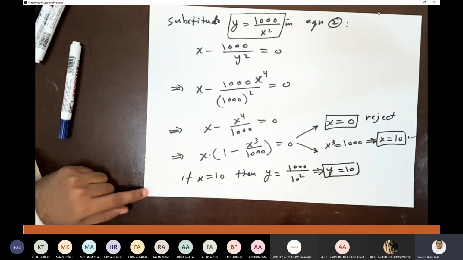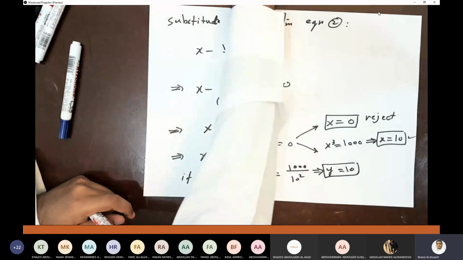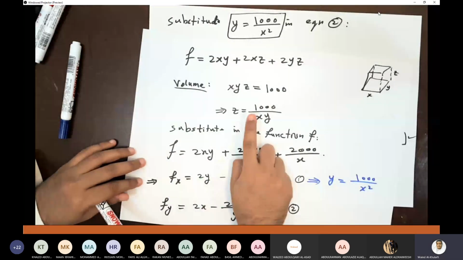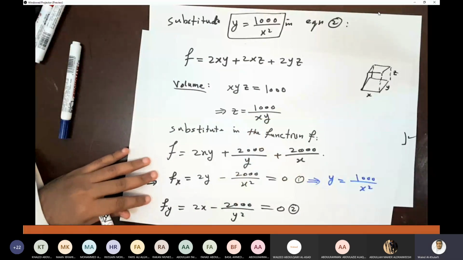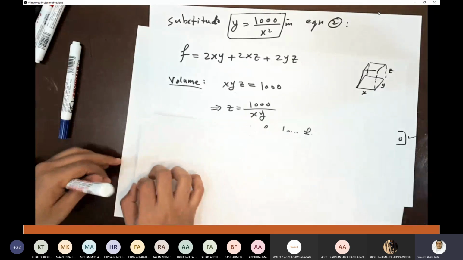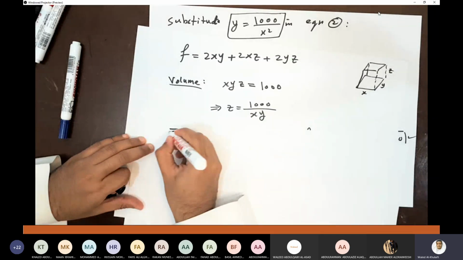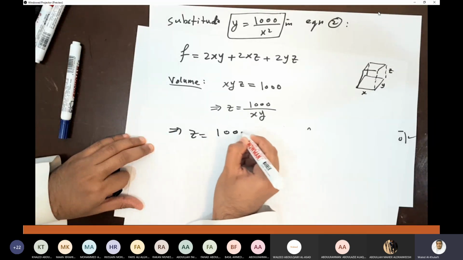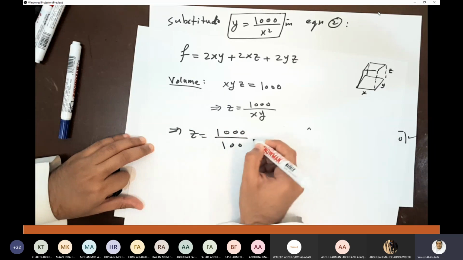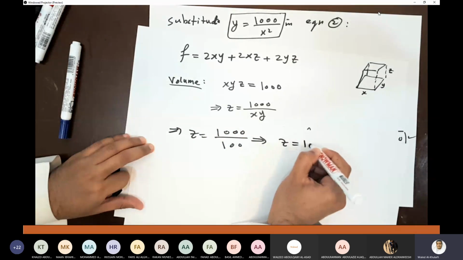And z, Shabab? This is it. So z equals 1000 over 100 also, so this implies that z equals 10.